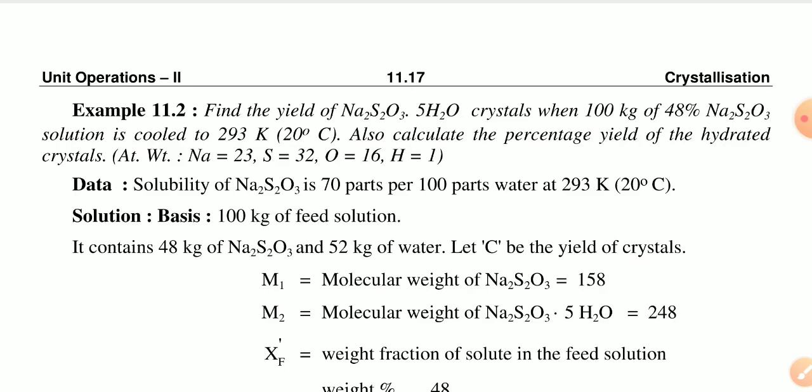Also calculate the percentage yield of the hydrated crystal. The atomic weights are Na equal to 23, S equal to 32, O equal to 16 and H equal to 1. So we have to find the yield as we saw in the previous lecture.